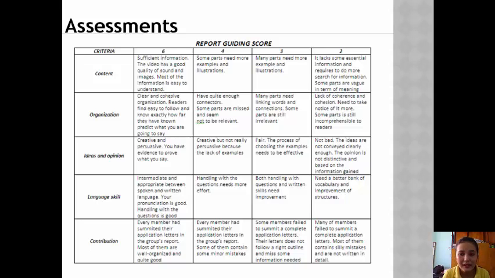About the organization, is it clear and cohesive? About the ideas and opinions, are they creative and persuasive? And about the language skill, its level is intermediate, and it must be appropriate between the spoken and written language.